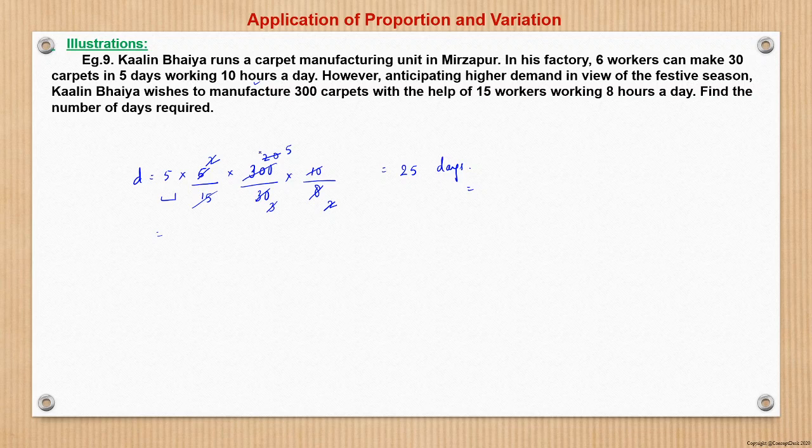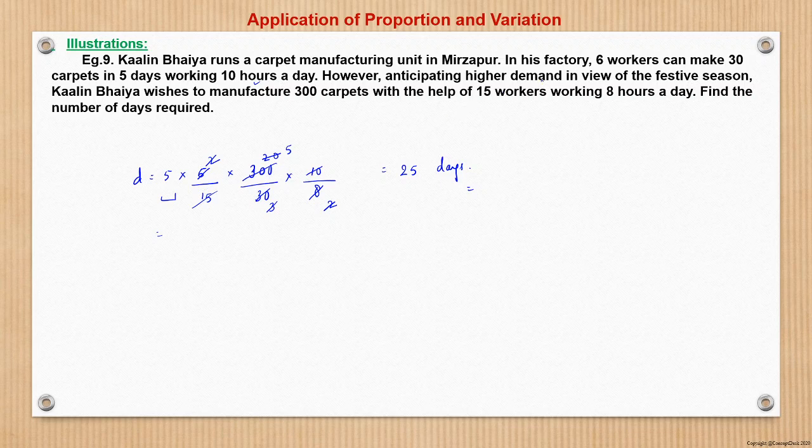In this first case, the first variable is the number of workers. If the number of workers is 6 and it is getting increased to 15, so more workers, less number of days would be required.